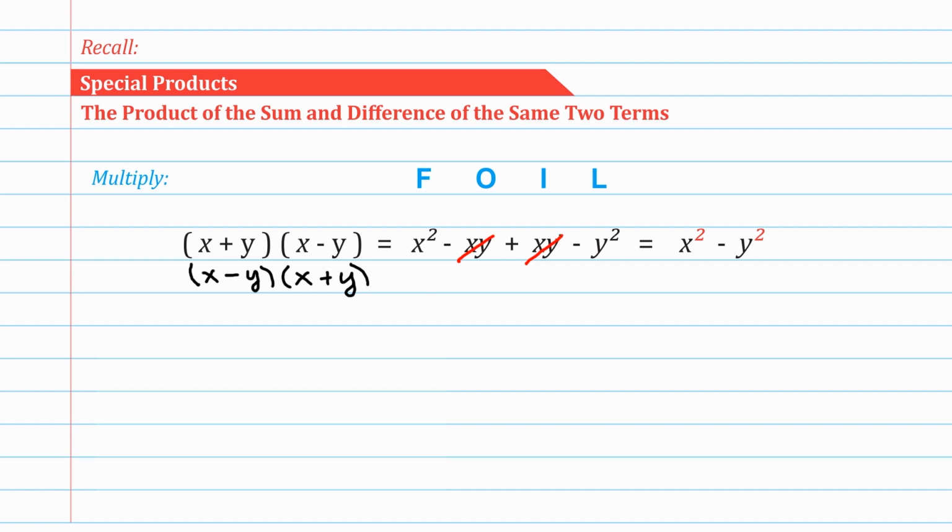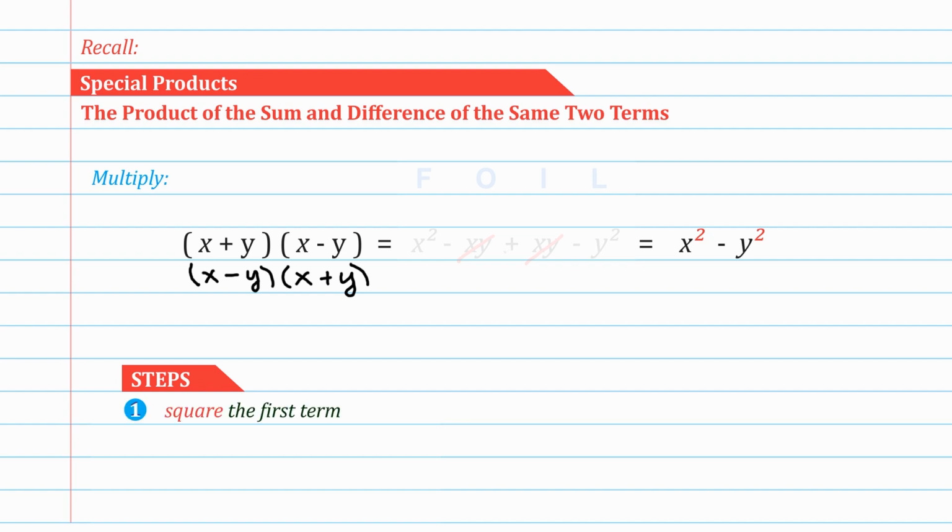Now, of course, we know we don't have to go through this FOIL method. It's still too long. Shortcut, recall. There are two steps. Step 1, simply square the first term. Meaning, if you look at our first term, x, just square it, it becomes x squared. Next is subtract the square of the last term.